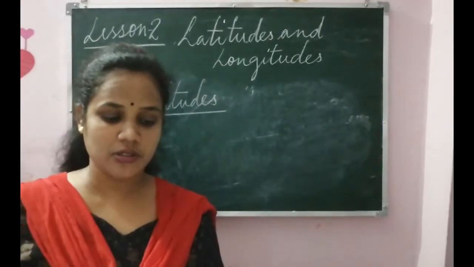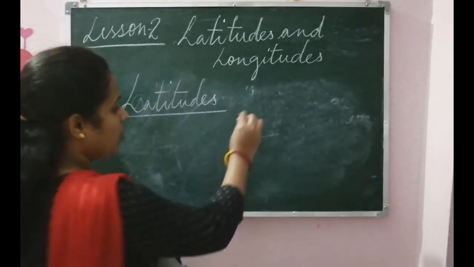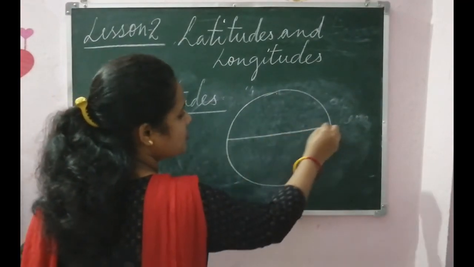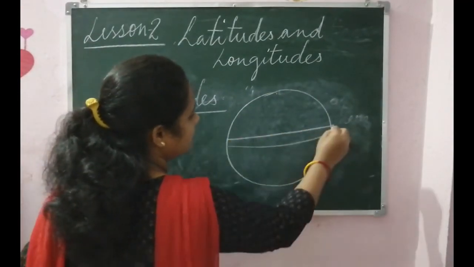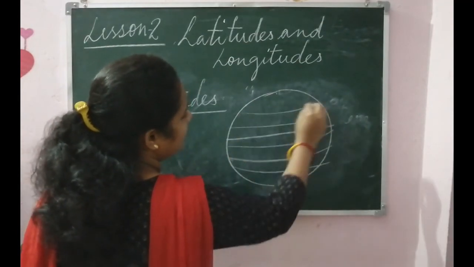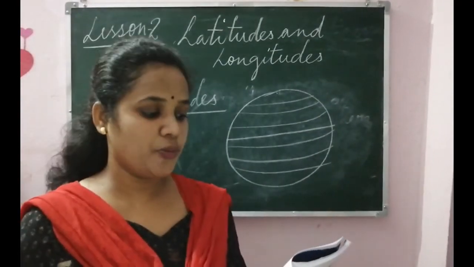So in latitudes, I told you latitudes are imaginary lines running from west to east. Alright, I am drawing some rough lines here. They are running west to east. The equator is assumed to be the 0 degree.